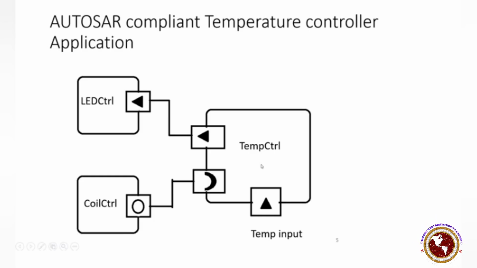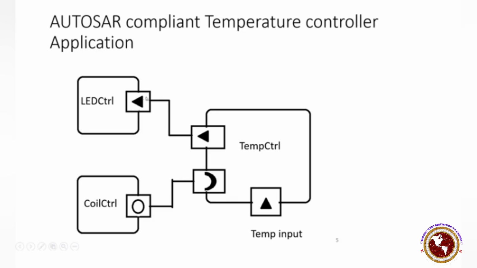As we know, every software component has ports, which are called required ports and provided ports. Just like we have input ports and output ports, here we have required ports and provided ports. You can see this temperature controller software component has three ports, 1, 2, and 3. This one is using a sender receiver interface.